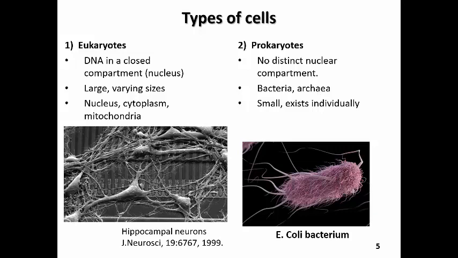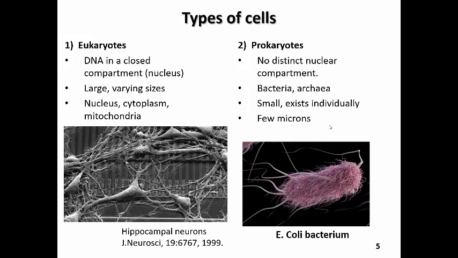Prokaryotes are typically small, and they exist individually and function on an individual basis, as opposed to the eukaryotic cell, which exists in connection to other eukaryotic cells, such as brain cells. Neurons, for example, do not exist individually, but function collectively to form the brain.